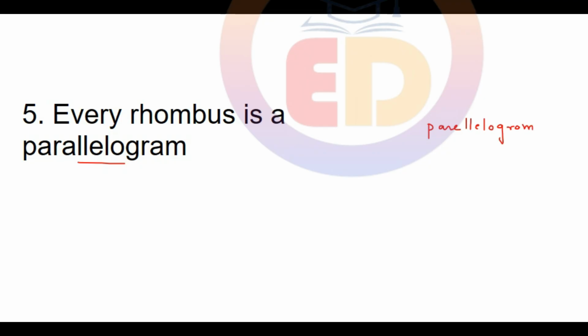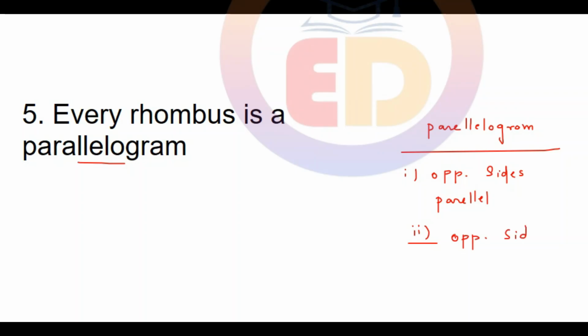It should be having opposite sides parallel and opposite sides equal. So these are the two conditions of being a parallelogram. Opposite sides should be parallel and opposite sides should be equal. And now let us see, is rhombus following these conditions?